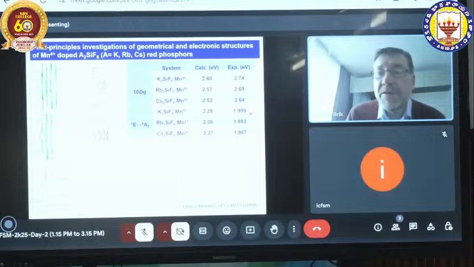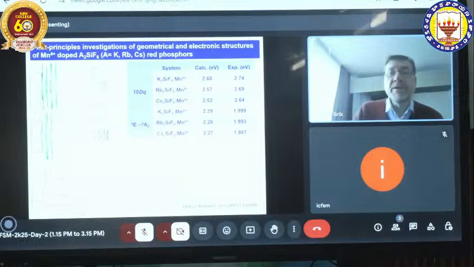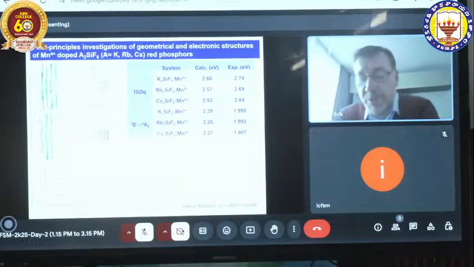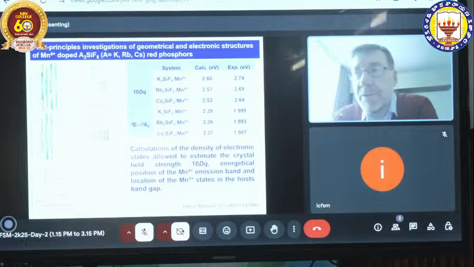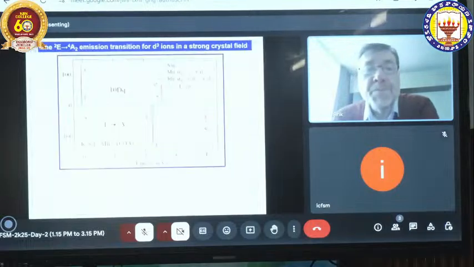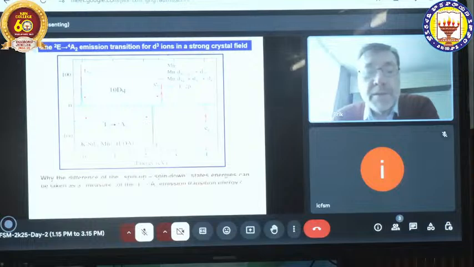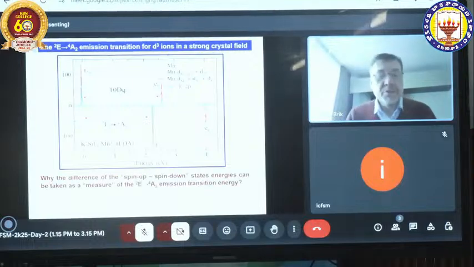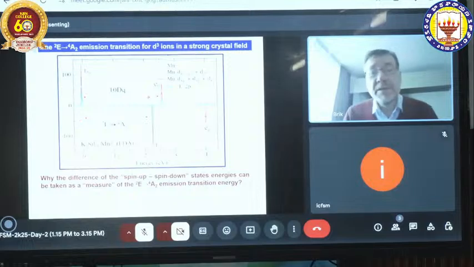We also have a red shift of the 2E to 4A2 emission, which is also found in our calculations. So we can at least reproduce the trend in the behavior of the main spectral properties.